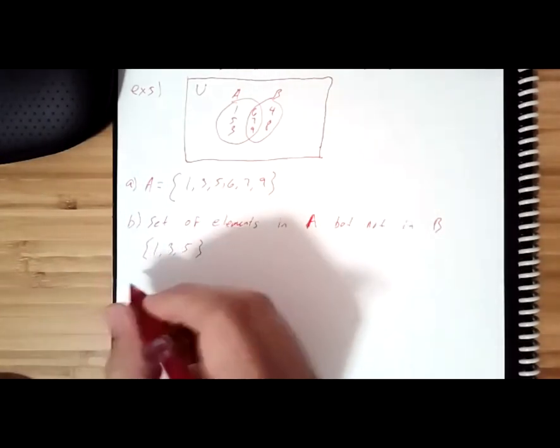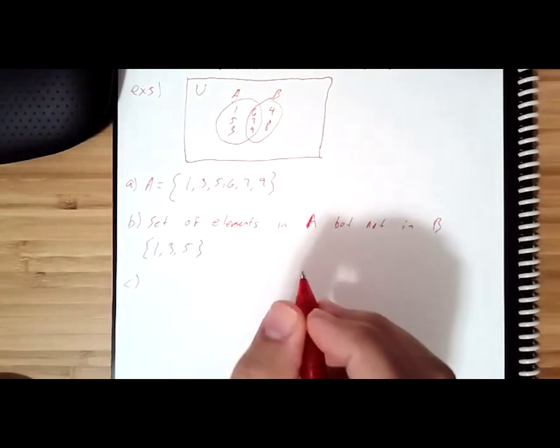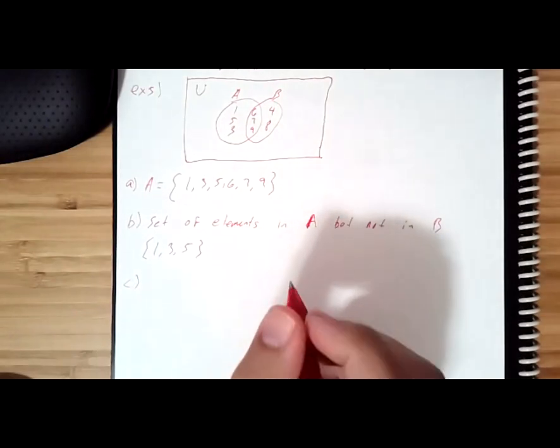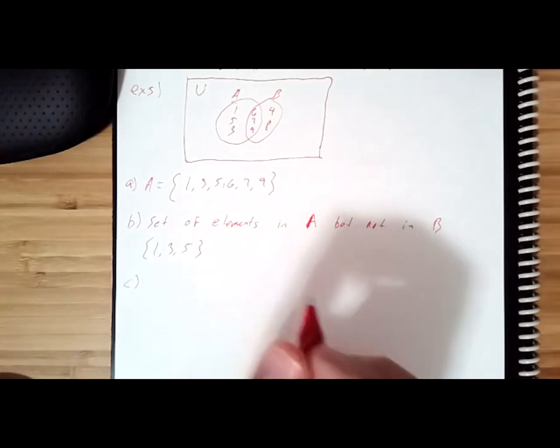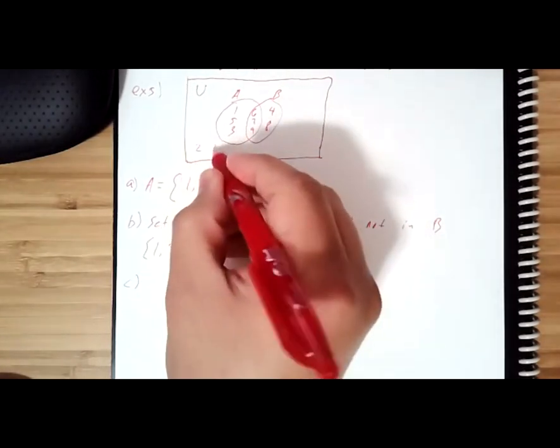Okay. Part C says elements in U, but not in A. Oh, I forgot there's some out here. I didn't notice that.